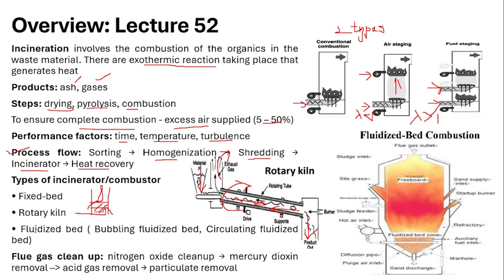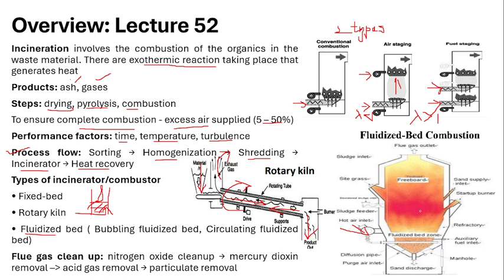And in the case of the fluidized bed, since the fixed bed is a fixed matrix, in the fluidized bed all the materials will be fluidized in nature, circulating or bubbling. Those are the two types of fluidized beds. If you see, this is a fluidized bed. Here all the materials are filled in, and the hot air is passing inside the chamber.